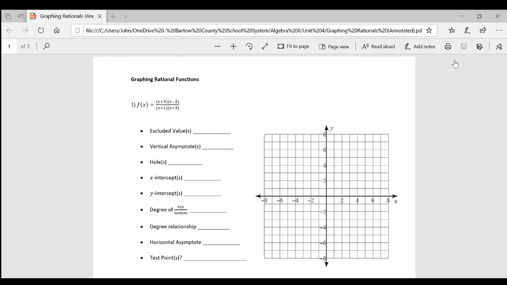I'm also not going to go into anything other than horizontal asymptotes. If it turns out to be a slant asymptote or something else, I'm not going to actually graph it. There is going to be one example where we will have no horizontal asymptote, but that's just where we're going to leave it, and we'll put what we can on the coordinate plane.